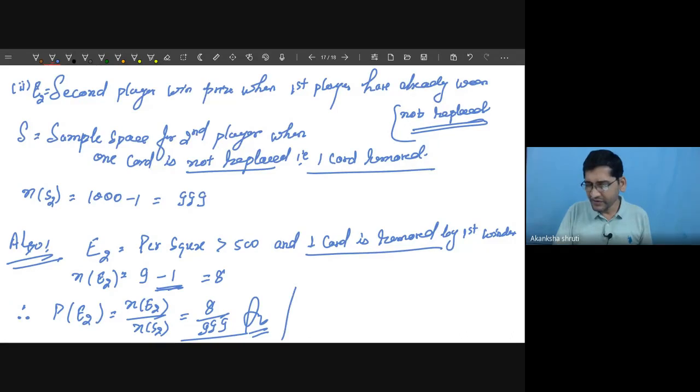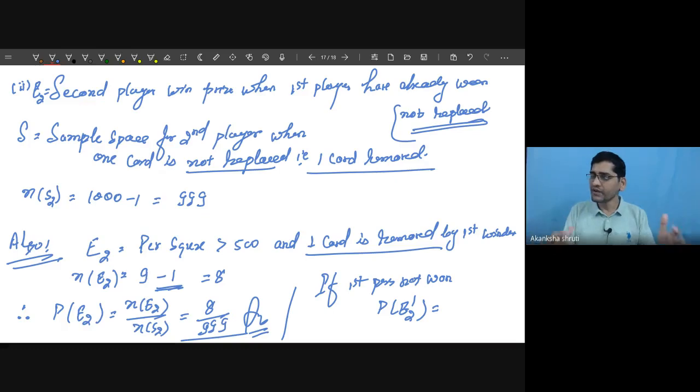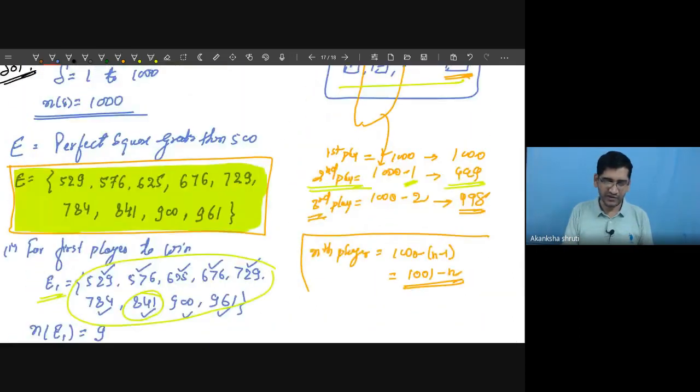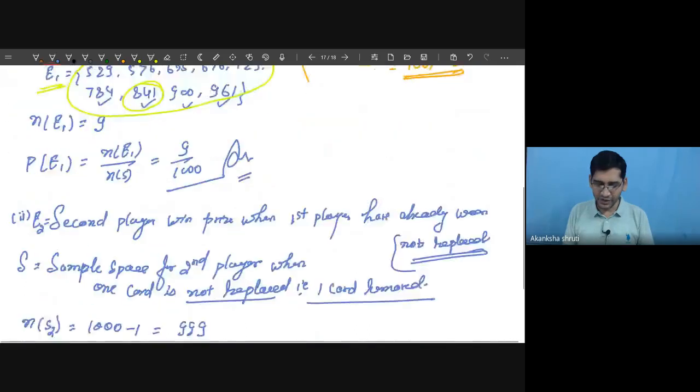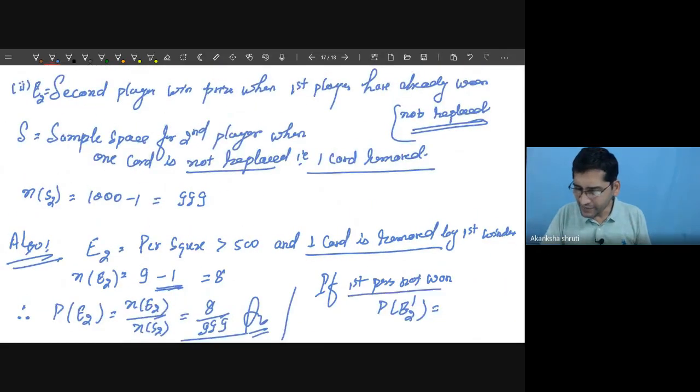If the condition is that the first person has not won, then still he has just drawn one card, which is taken out. Though he had not won, the card is still out. Then the probability PE2 dash I am calculating, the ways of winning for the second person could be all 9 perfect square numbers available, because this time the first person has not won.